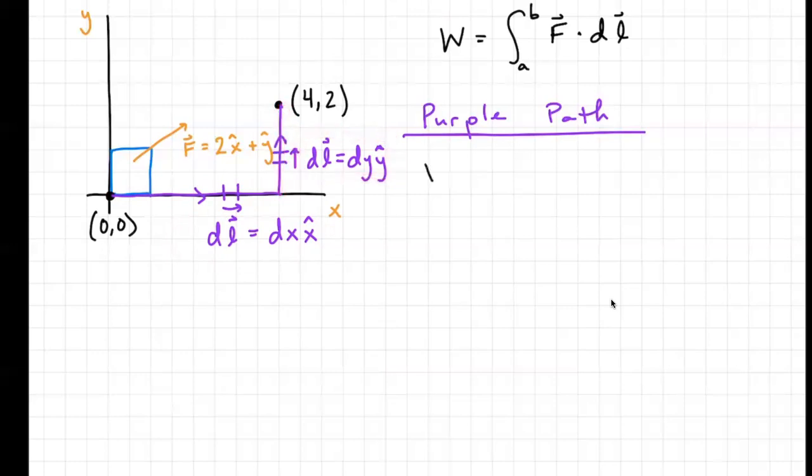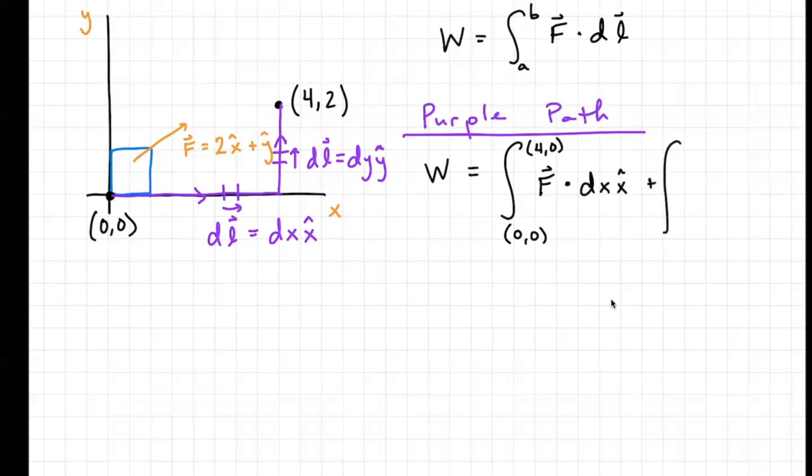So the work will be the work done along the horizontal path from (0, 0), that's where we started, to (4, 0), that's where we'll end along the horizontal path. Our force vector F dotted with the dl, which is dx x hat.